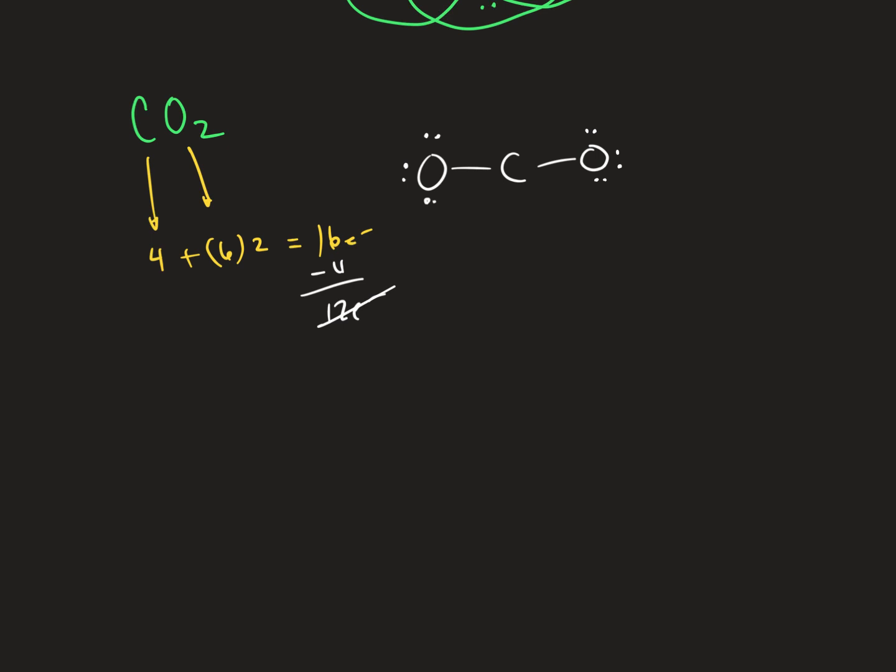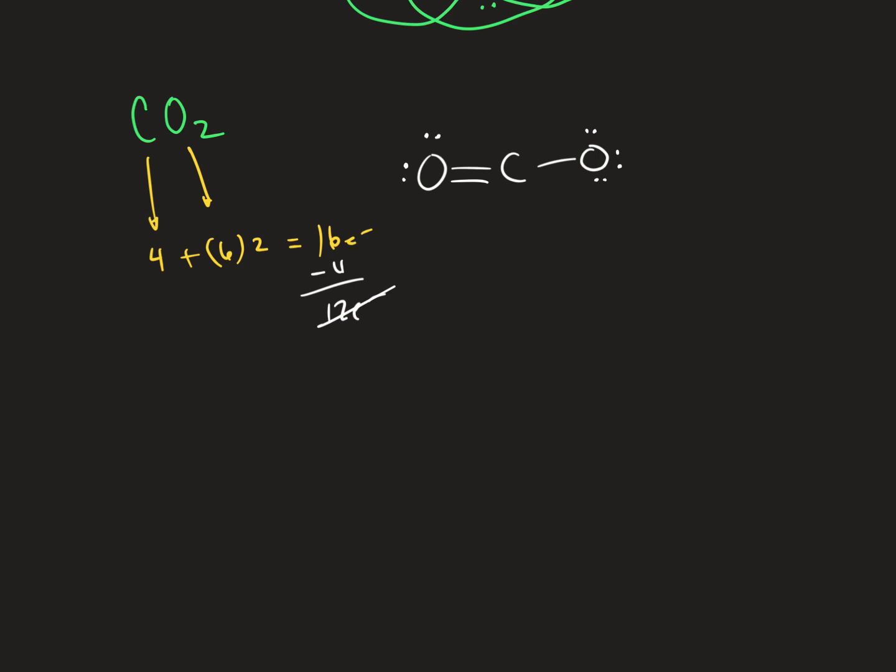Who has extra to share, carbon or oxygen? Oxygen. So let's take 2 from here and share it there. Does that oxygen still have an octet? Each bond represents 2. That's still an octet. So he's okay sharing, right? I say he, it's not a he. Maybe it's a she, I don't know.